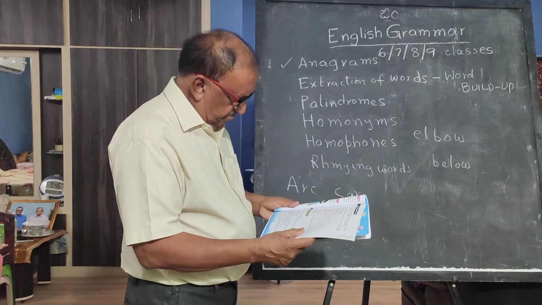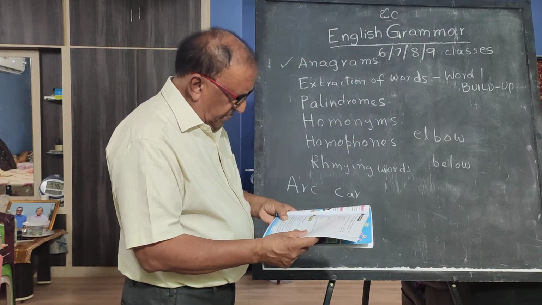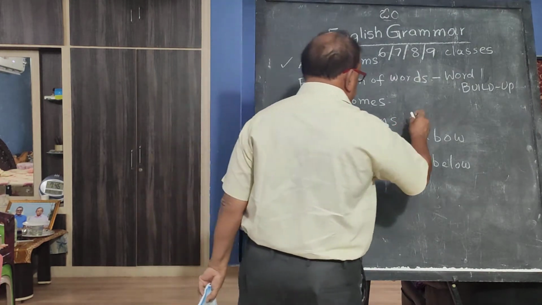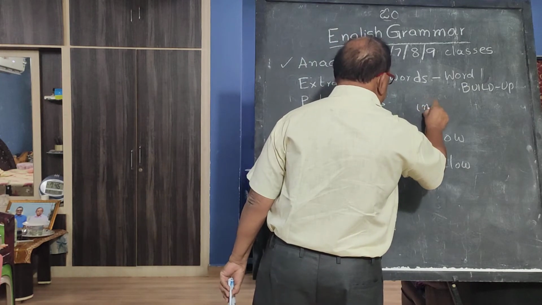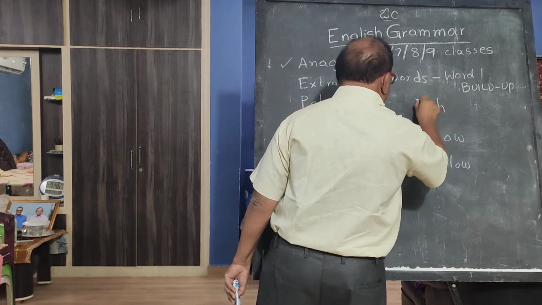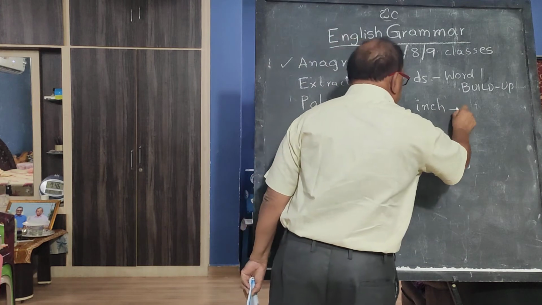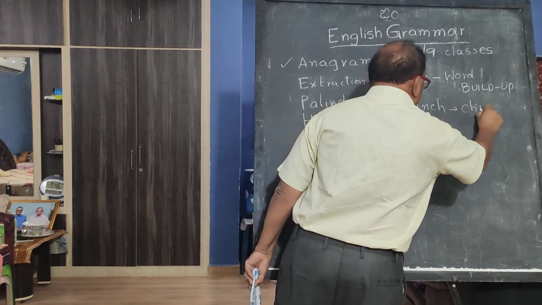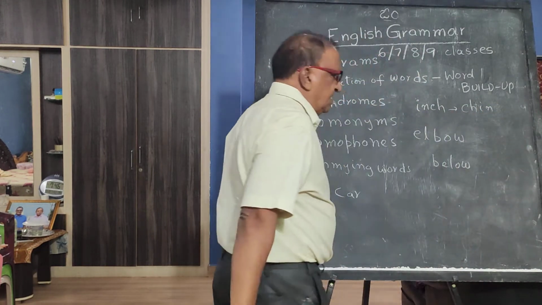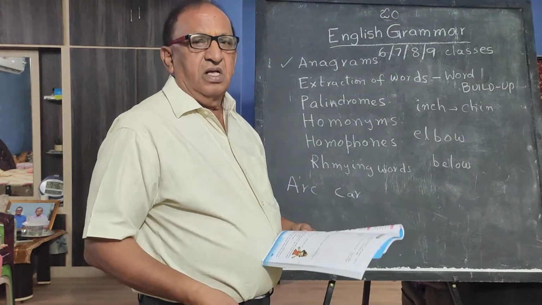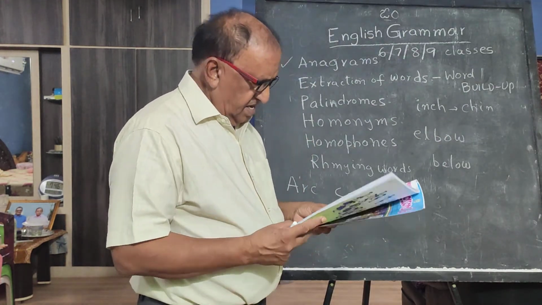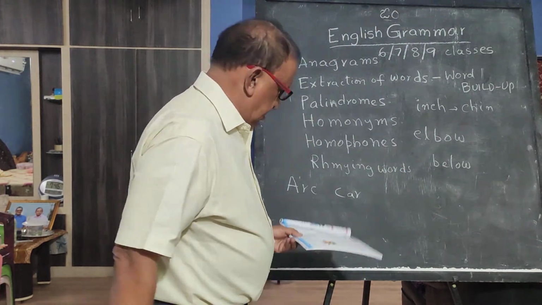Next one, for example, let me see, inch, I-N-C-H, inch. This can be written as chin, C-H-I-N. We did not bring any new letter. We only rearranged the letters there.